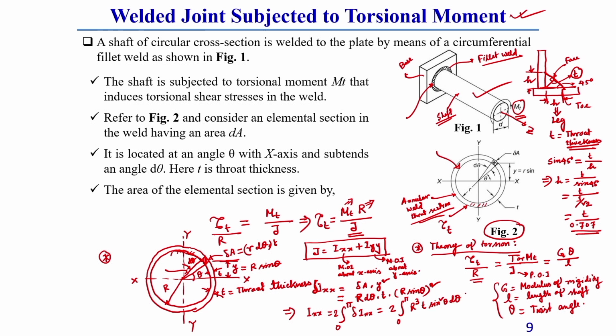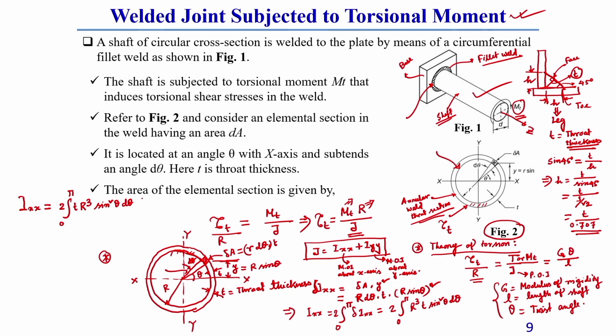This we can write. So, if we just do the integration part, let us see, here I am writing Ixx, that will be better. So, Ixx we are getting as 2 into integration of 0 to pi of t r cube sin square theta d theta.